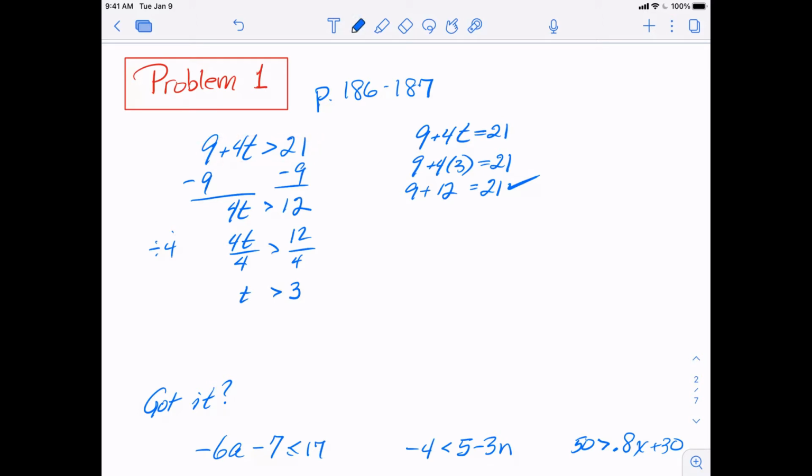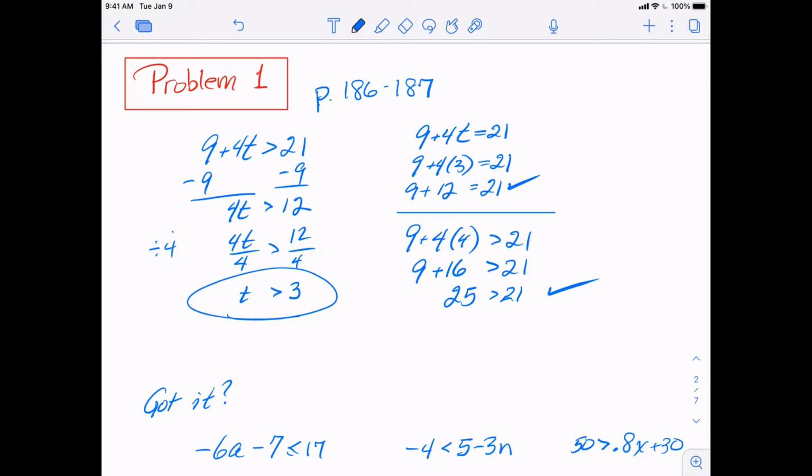So let's check. If we substitute in 4, we have 9 plus 4 times 4 is greater than 21. This is 9 plus 16 is greater than 21. And this is 25 is greater than 21. And that's correct. So now we know that this answer is correct.